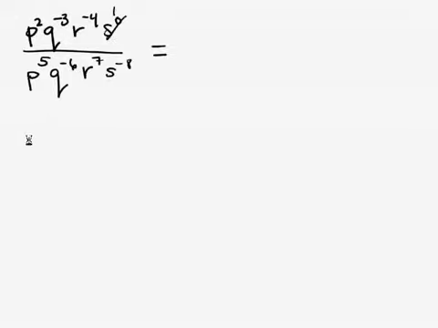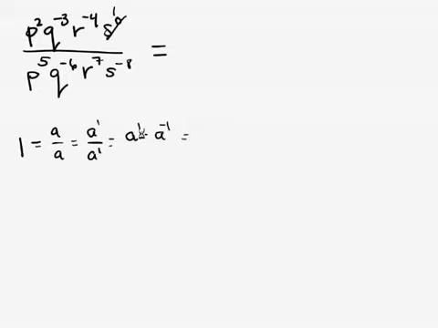And the reason for that is because if 1 is equal to a over a, then a over a is a to the 1 over a to the 1, which is equal to, if I bring this a down here and move it up to the top, a to the 1 times a to the negative 1.